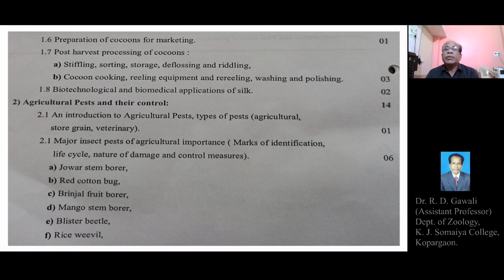So there are different types of cocoons that can be produced by the silkworm larvae, and before selling them in the market, the sericulturist has to sort out these cocoons and prepare them for marketing purposes.